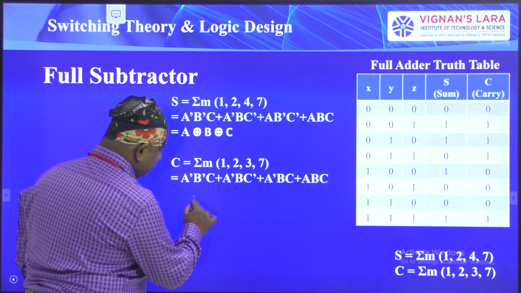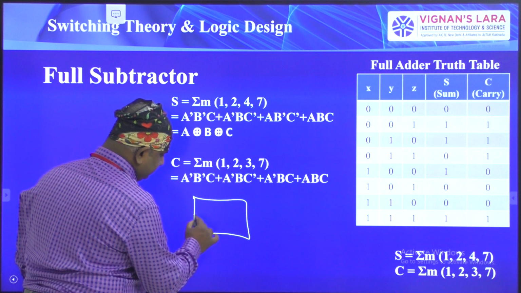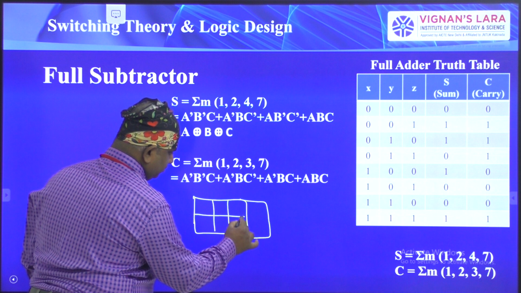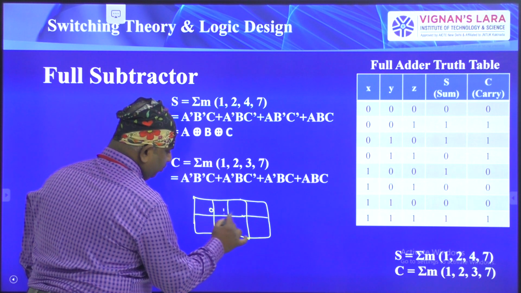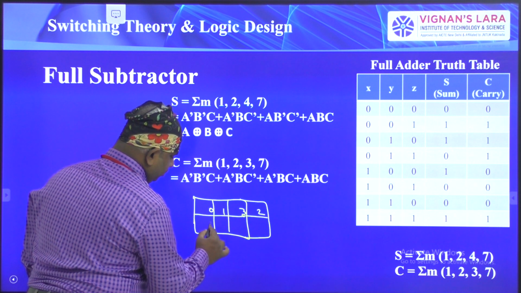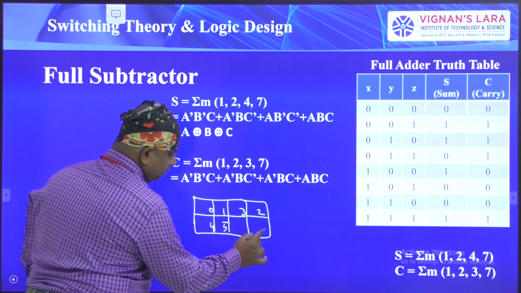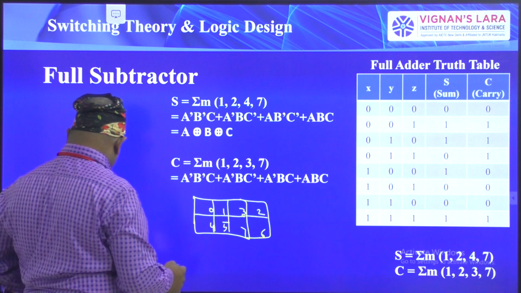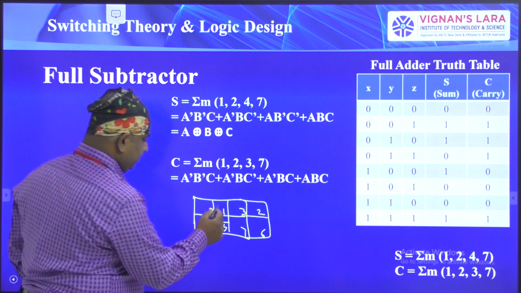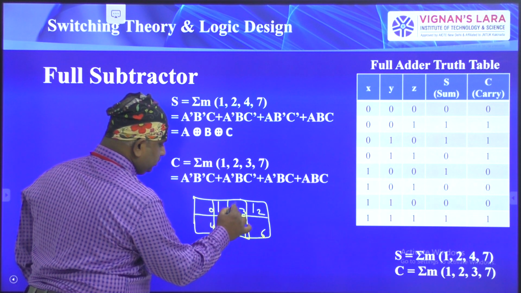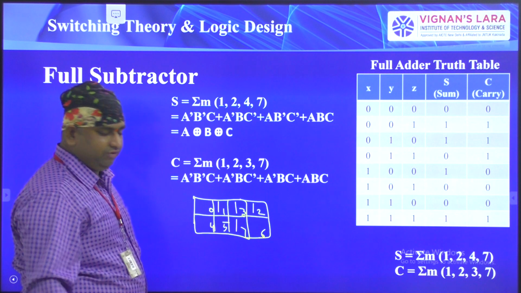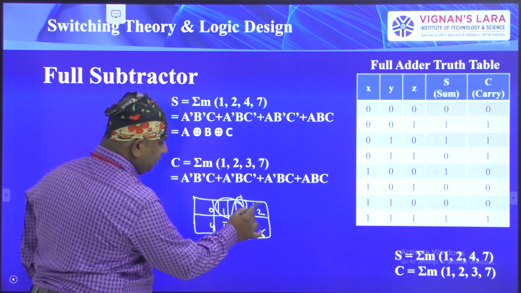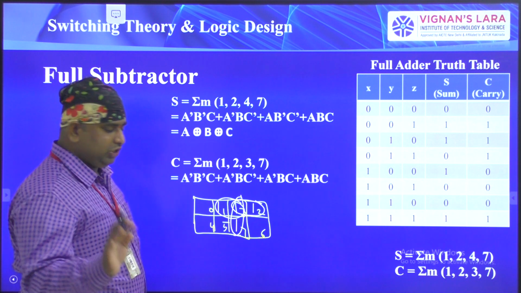Now you have to draw a K map here. Cells 0, 1, 2, 3, 4, 5, 6, 7. Here 1, 2, 3, 7 are the given terms. Now you have to group this pair, and this is one more pair, and this is one more pair. 3 pairs you got.